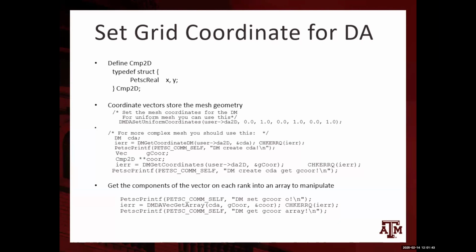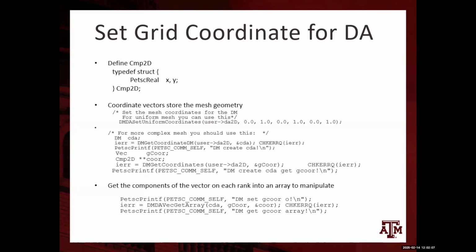We want to get these coordinates x and y for all the grid nodes so we can set them. And PETSc, based on its numbering, we can't really do this directly, so we're going to use DMDAVecGetArray.